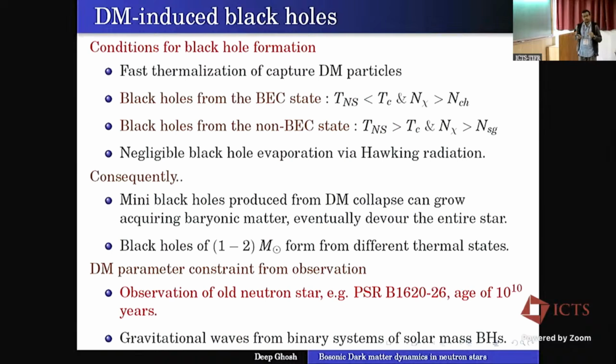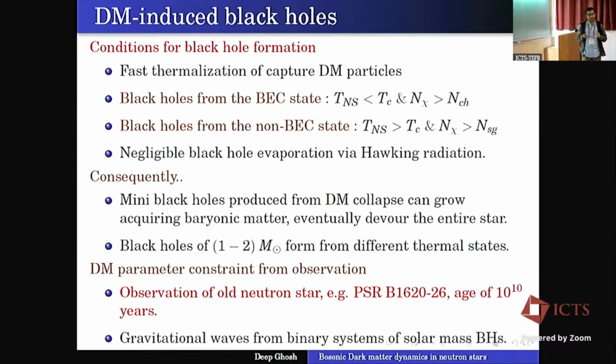And now these mini black holes can acquire more baryonic matter to grow, but if there is Hawking radiation, this black hole evaporation is there, so then it can evaporate. So we have to satisfy all these four conditions to eventually transmute this neutron star into a black hole with a mass of 1 to 2 solar masses.